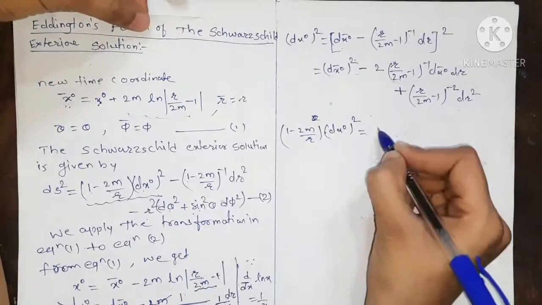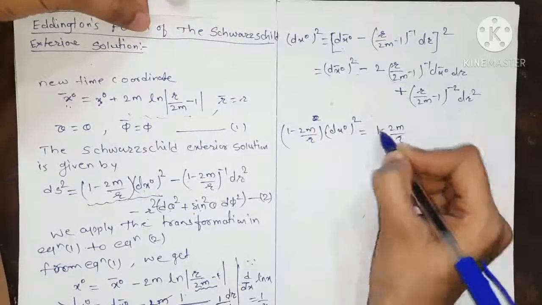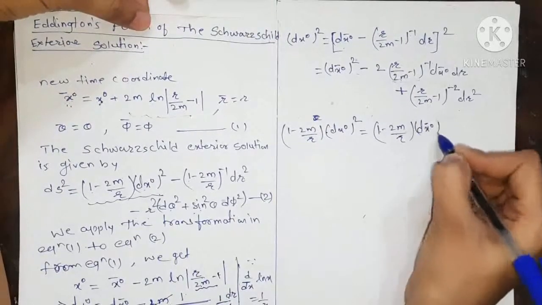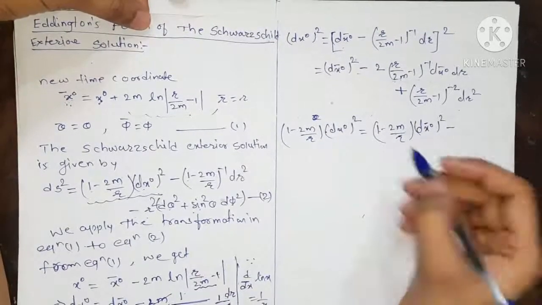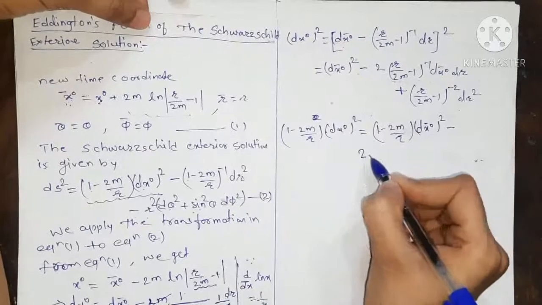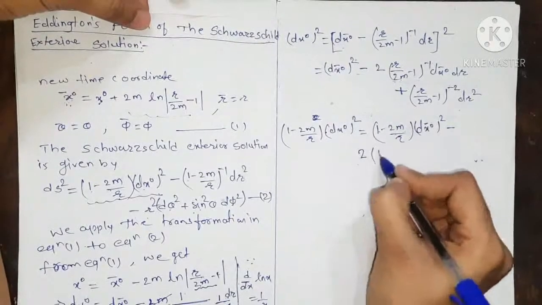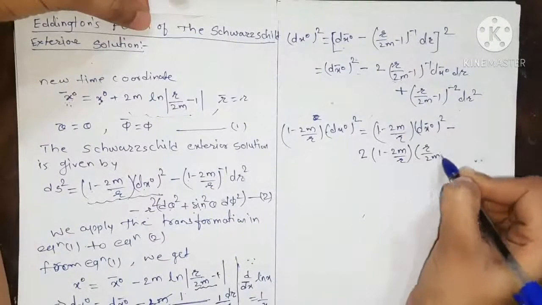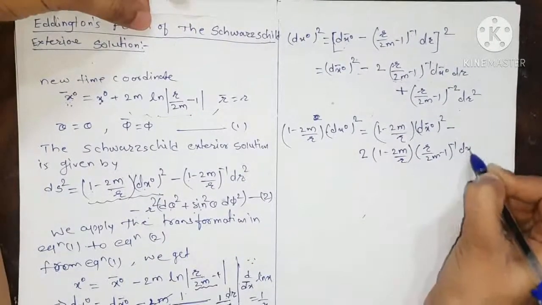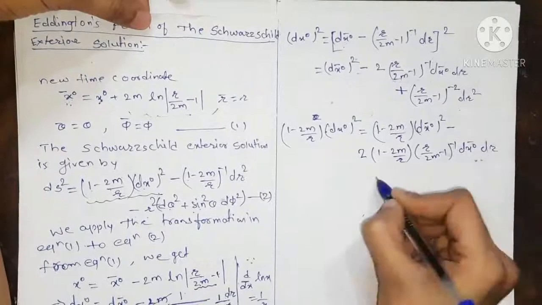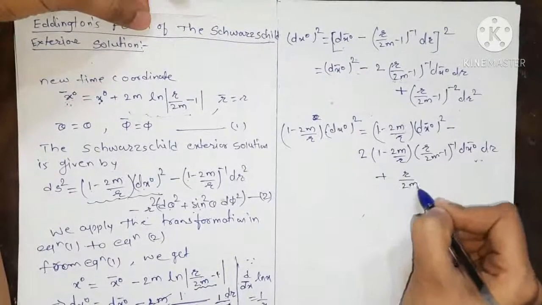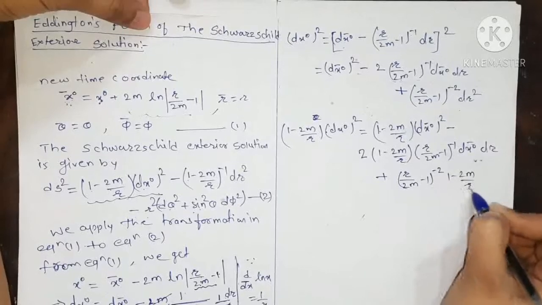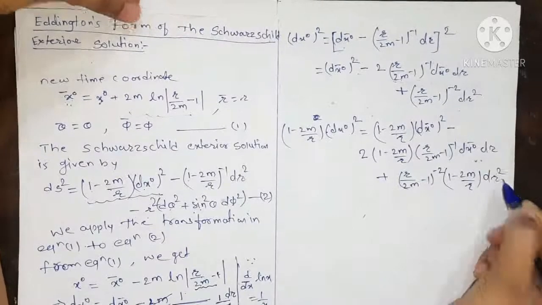So it is, in bracket, 1 minus 2m upon r, dx0 bar its square, minus 2 in bracket 1 minus 2m upon r into r upon 2m minus 1, its inverse, dx0 bar dr, plus r upon 2m minus 1 minus 2, 1 minus 2m upon r, dr square.